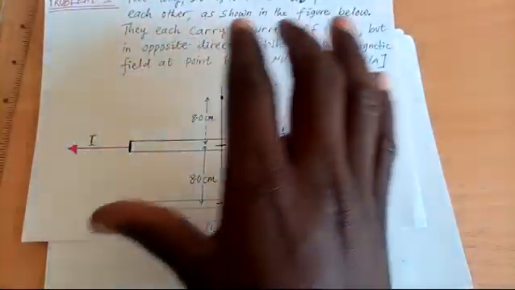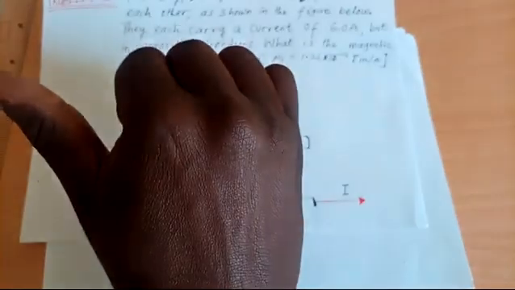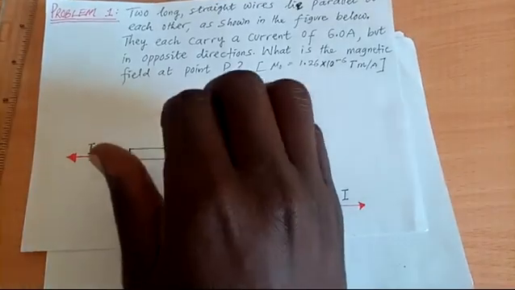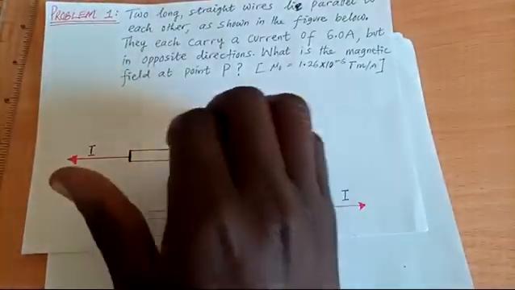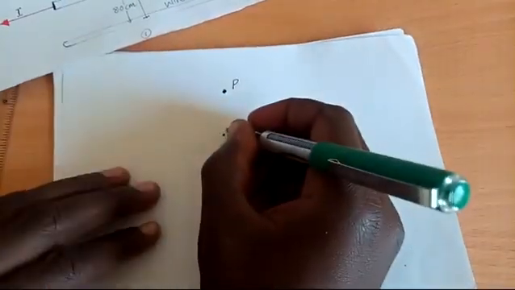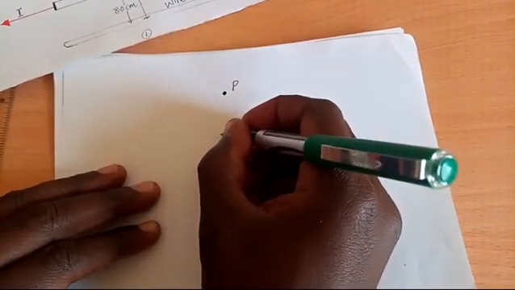My thumb is pointing in the direction of the current, and if I curl my forefingers, you see it will be touching the page. So we see that it is into page. The magnetic field for wire 1 here is into page. So when we are drawing, the symbol for into page is a cross, encircled.